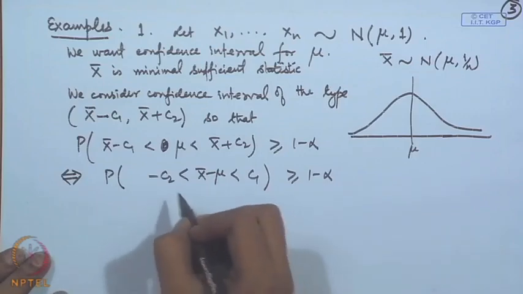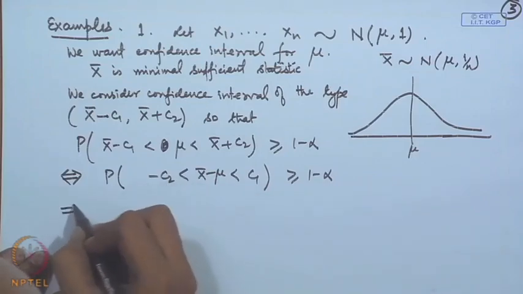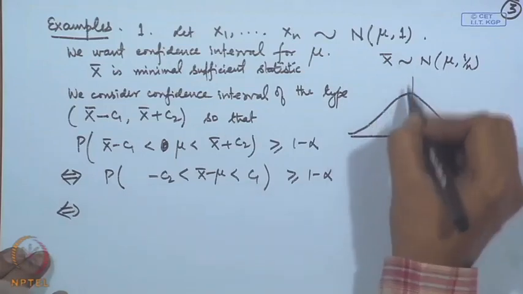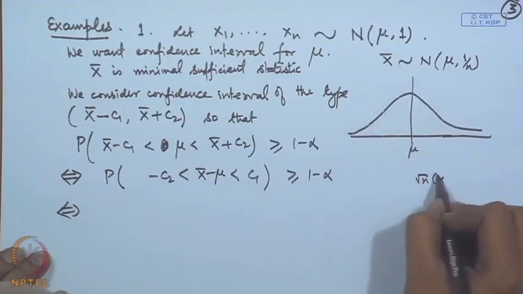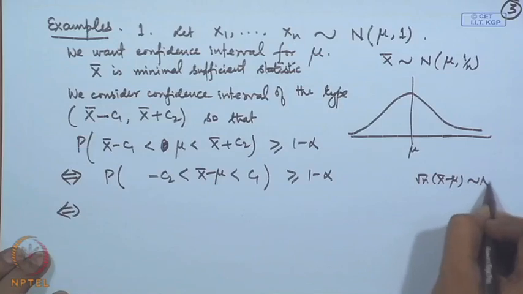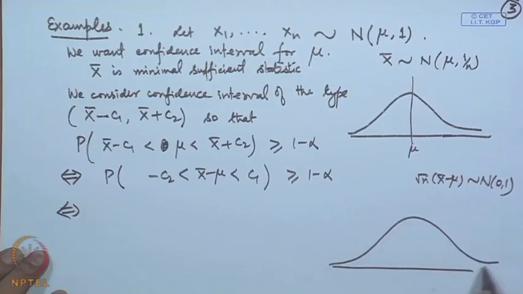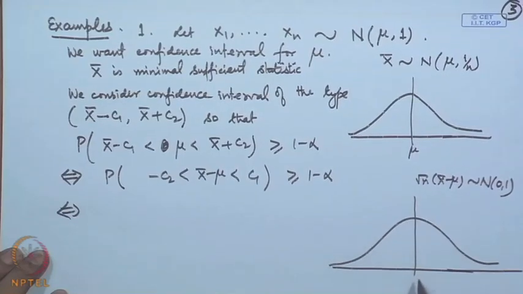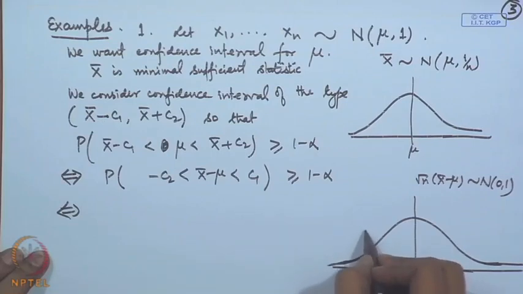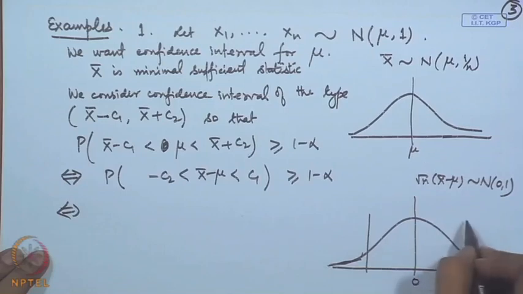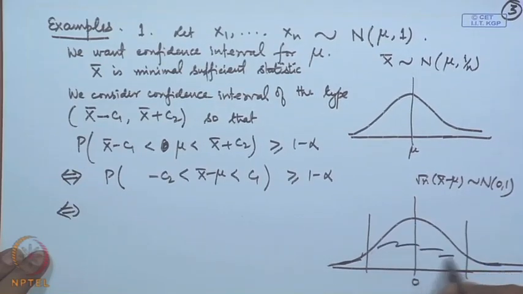Now, we may also put from here root n (x bar minus mu) follows normal 0, 1. So, if we consider the probability density function of the standard normal distribution, then I am choosing 2 points such that the probability in between is equal to 1 minus alpha.